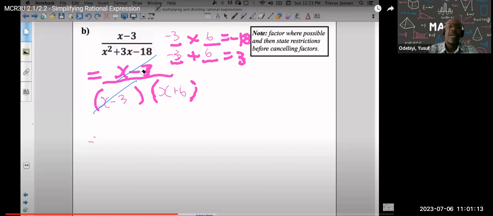So I'm just going to be left with 1 over x plus 6. Sorry for the issues I'm having with my pen. So if I go back and do the restrictions, maybe I'll change the pen size.